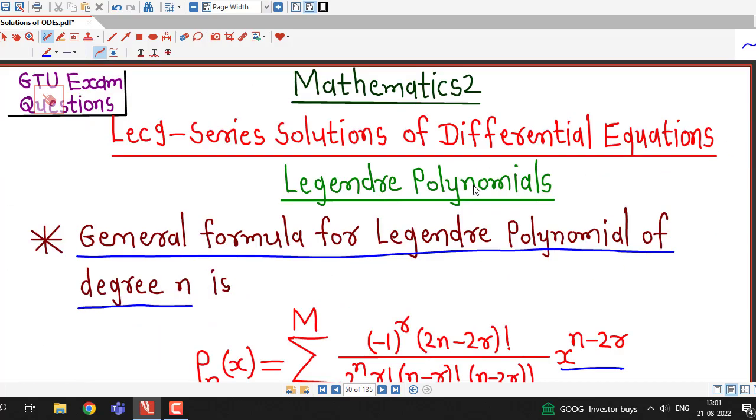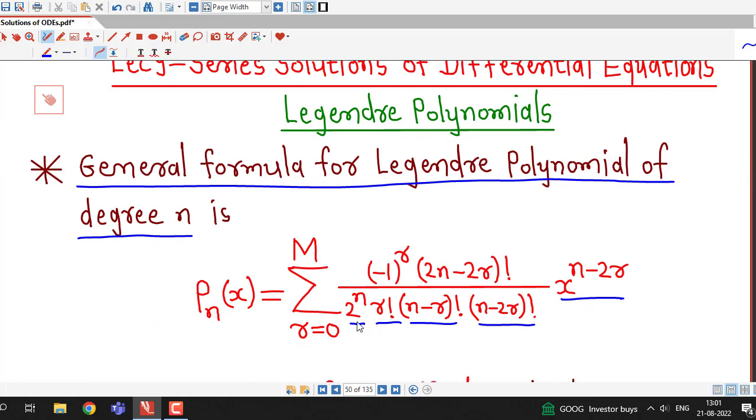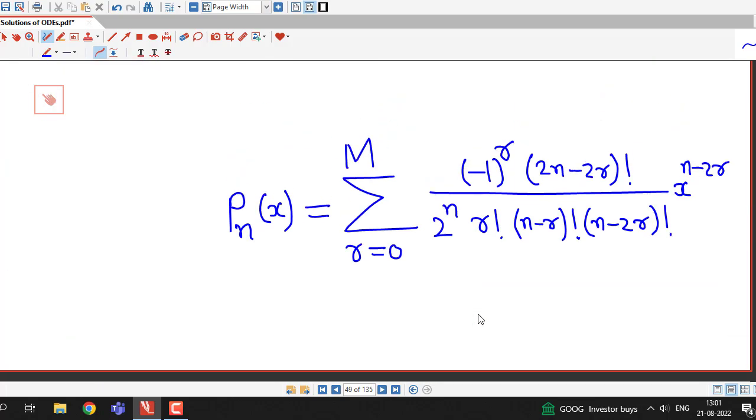Let me check whether I have written it correctly. Yes: 2 raised to n, r factorial, (n minus r) factorial, (n minus 2r) factorial. So you should remember this formula.